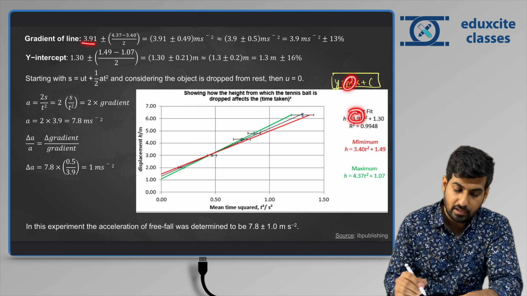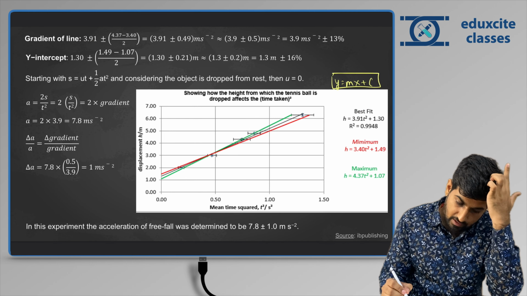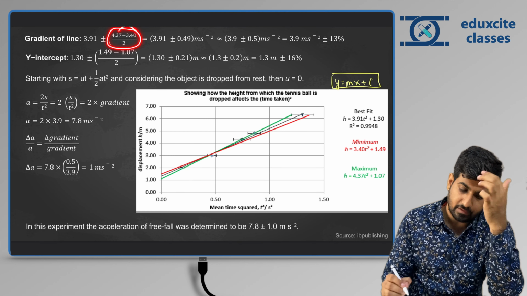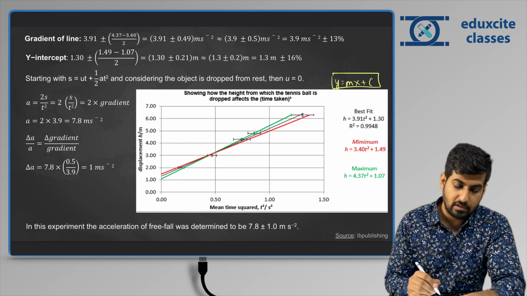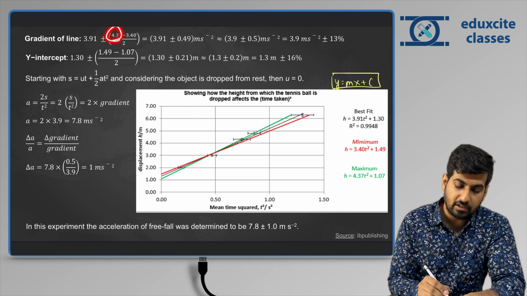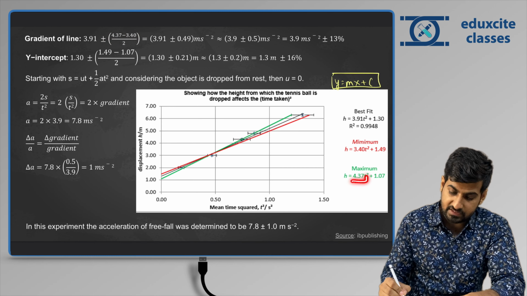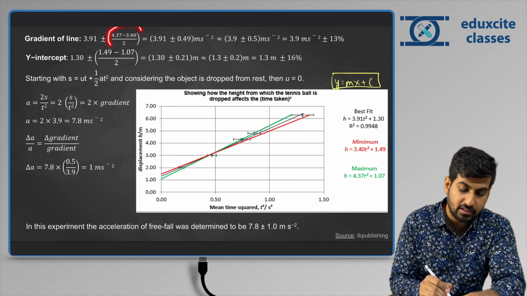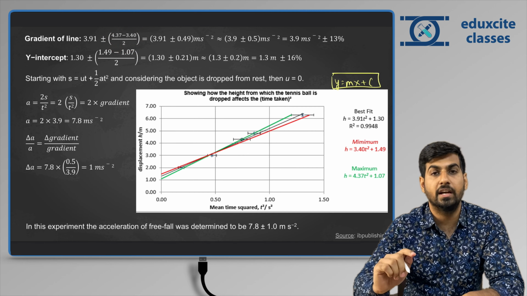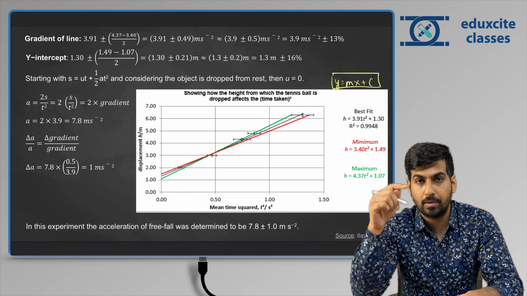Now for the gradient, what I have done is 4.37 minus 3.4. Now 4.37 is the maximum. I am calculating the uncertainty in the gradient also using the maximum and minimum lines.